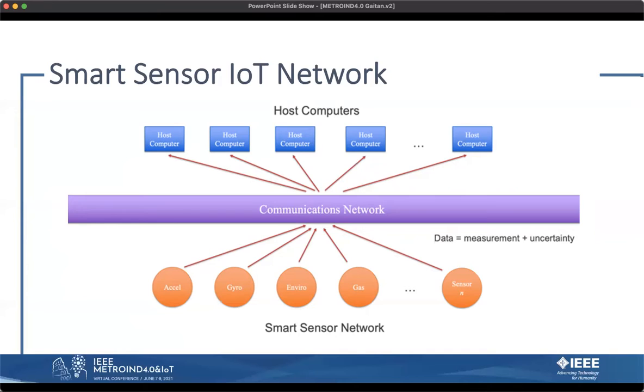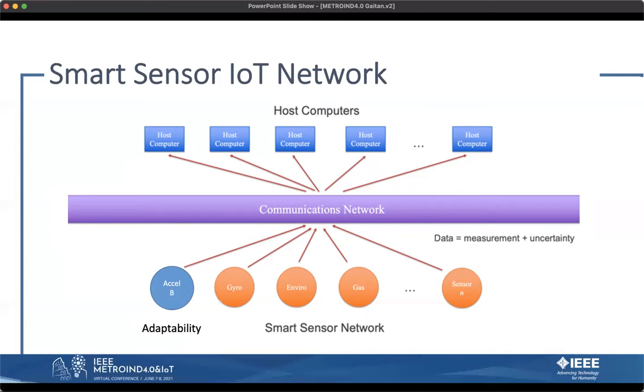And the idea here is that the sensors may not just be communicating to one host computer that's interested in collecting data, but there might be others as well that are also connected and also collecting the data and analyzing it. So the accelerometer here, in this case, is sending its acceleration information over the communications network, and then the host computers can collect this data.